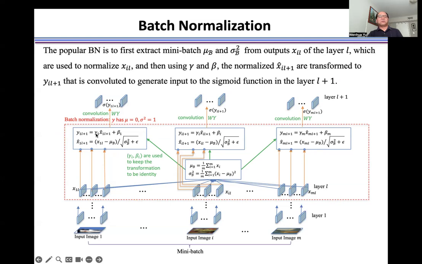And then we use gamma and beta to transform x hat to y. That is used as input to this convolution. And then the result from convolution is used as an input to the activation function.